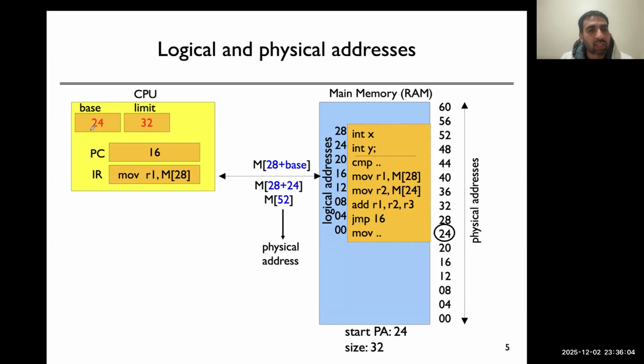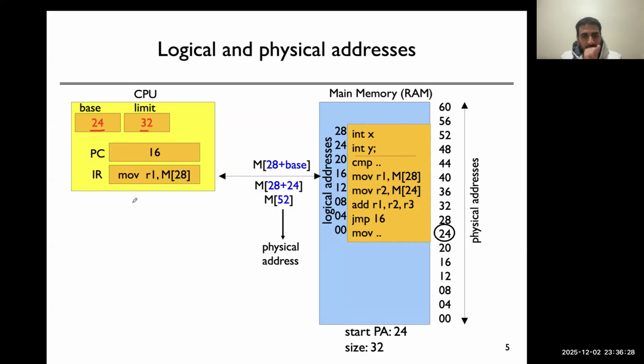So if, let's say, base is 24 and limit is 32, then all the addresses generated during the execution of the current process will be in the range from 24 up to 24 plus 32. If any address is generated outside of this range, that address will be treated as illegal and the memory access will not be allowed. So that is one purpose.